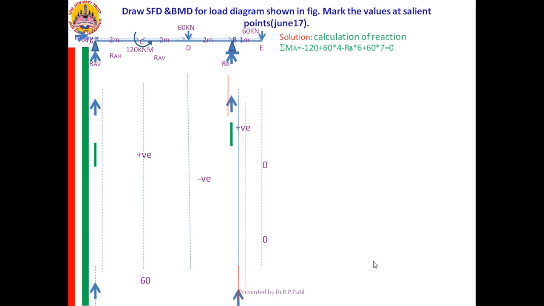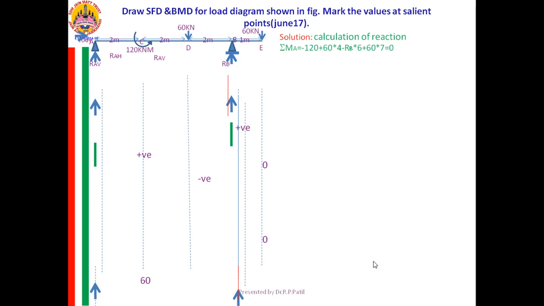As far as vertical forces are considered, its total contribution is 0. That you have studied in first year applied mechanics. A couple is a special force formed by two equal and unlike parallel forces. Its value will always be constant; the moment of a force changes from point to point, but the moment of a couple will not change.